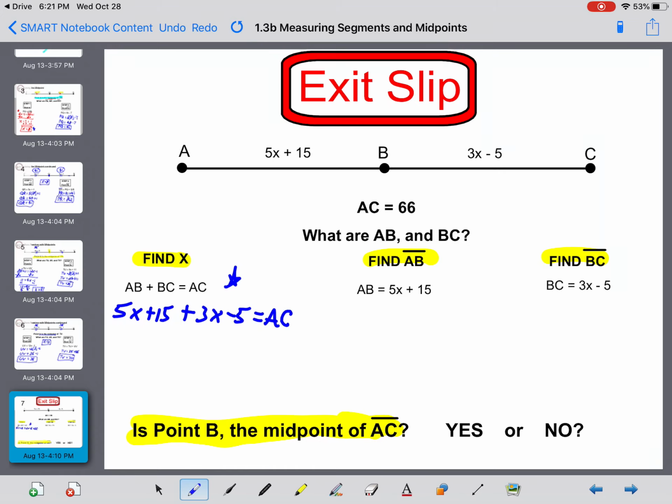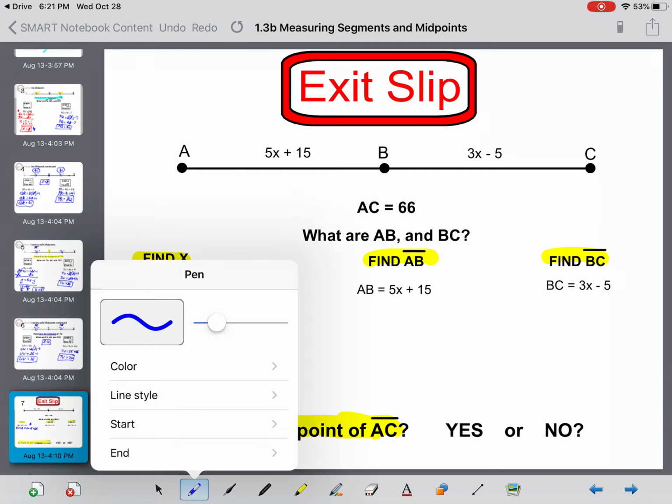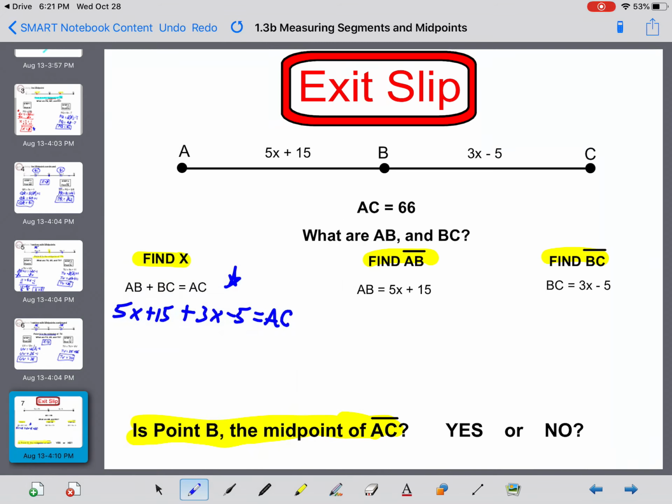So these were the types of equations that we solved yesterday because we are trying to determine if B is the midpoint. We are not sure yet. Therefore, we couldn't do AB equals BC like we did in the previous two problems or examples.